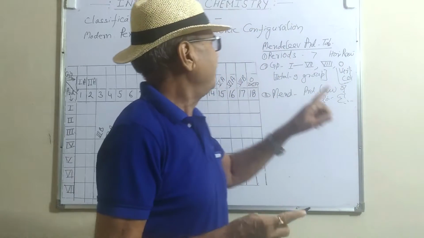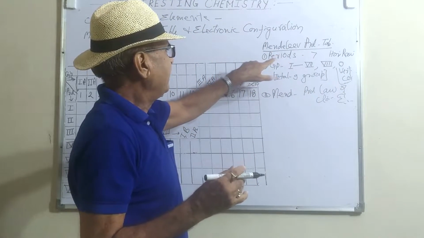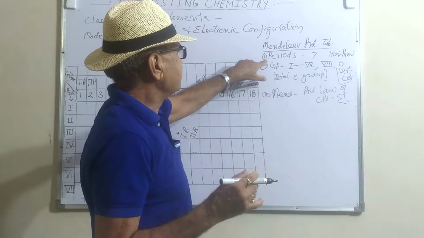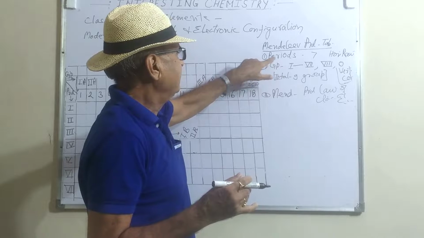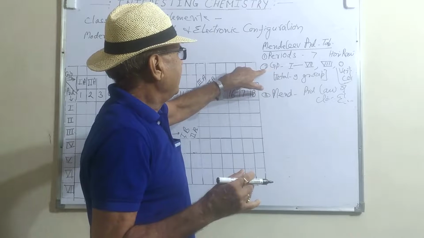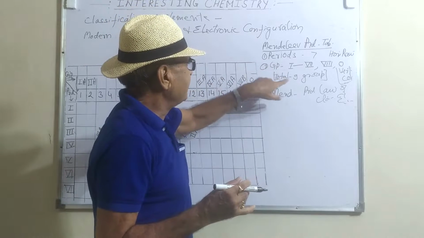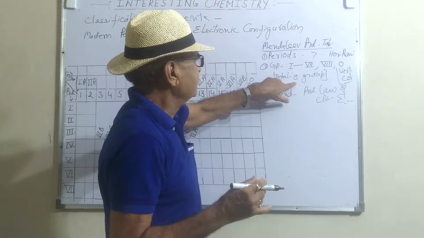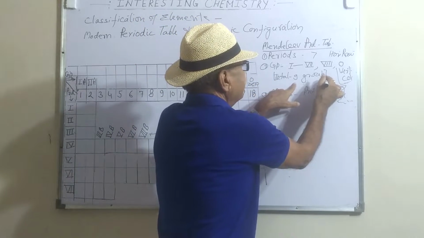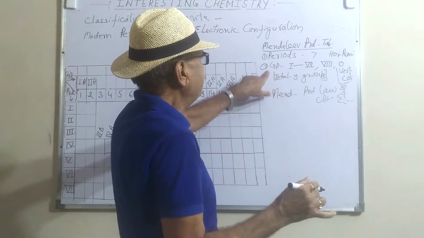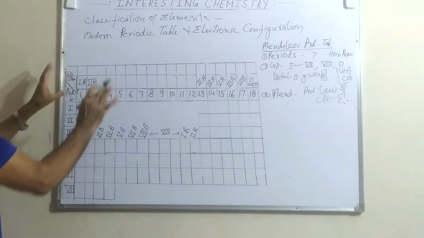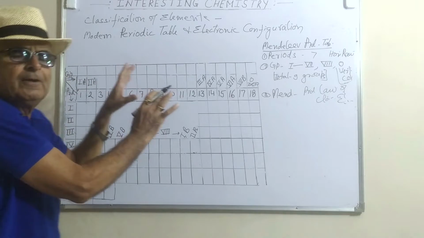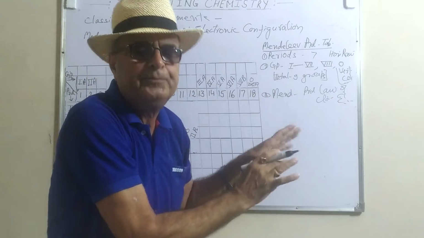The Mendeleev periodic table has 7 periods and 9 groups. Total 9 groups in the periodic table. So these 7 horizontal rows are the skeleton of the modern periodic table.